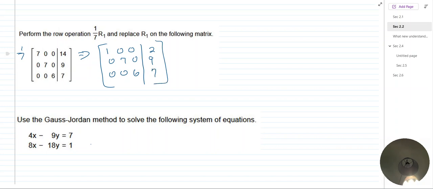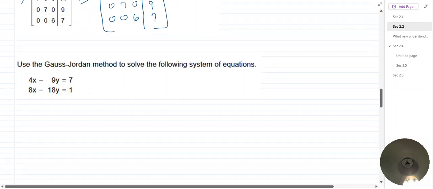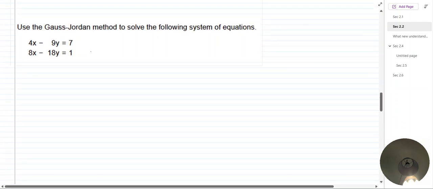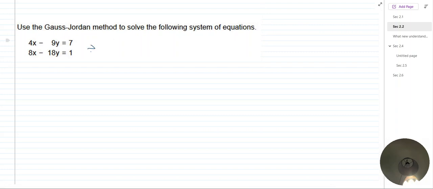All right. Use the Gauss-Jordan method to solve the following system of equations. First we convert to a matrix. So I'm going to have a 4, a negative 9, and a 7. I'm going to have an 8, a negative 18, and a 1.